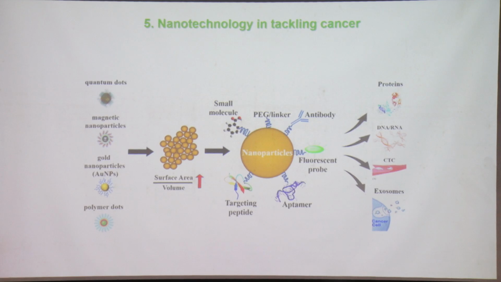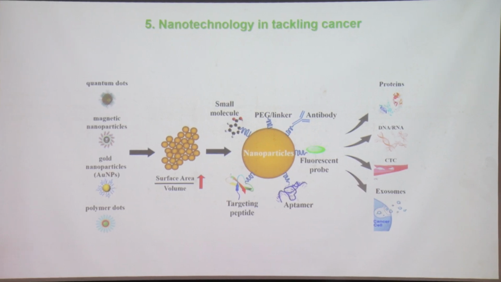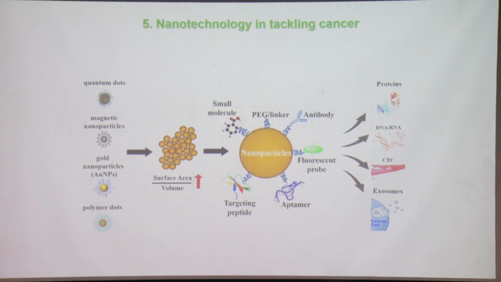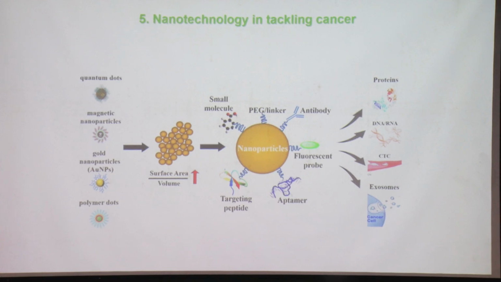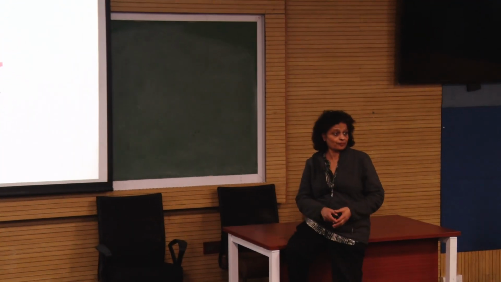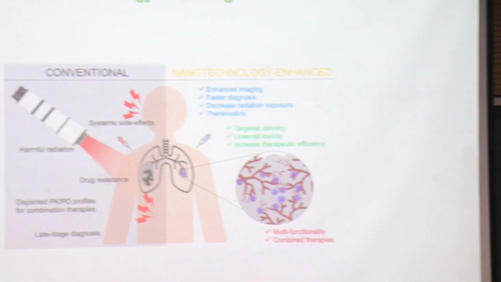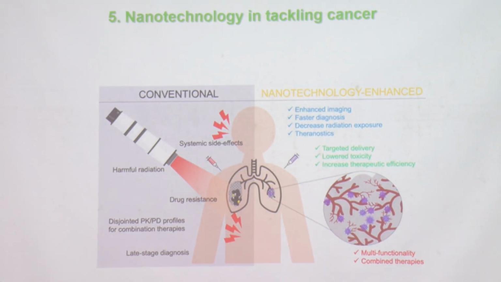You can inject the drug into the patient and then do the surgery. If there are any cancer cells left which cannot be seen under the microscope, the fluorescent signal is very strong, so you can remove every single cell during surgery because it lights up, right? So you can do a lot of things using nanoparticles, okay?